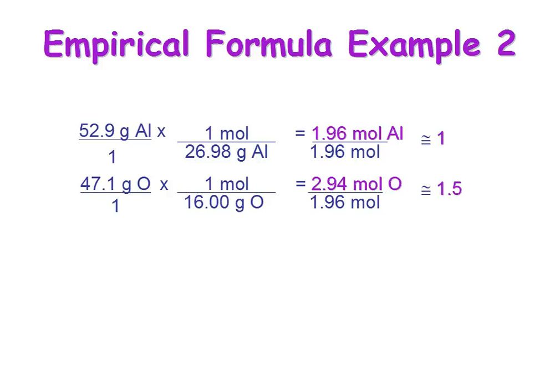Since we did not get a whole number for oxygen, if we rewrite 1.5 as a fraction, it would be 1 1/2. So we're going to multiply both the mole ratios of aluminum and oxygen by 2. That gives me a 2 to 3 ratio of aluminum to oxygen in my formula. And when I write the empirical formula, Al would have a little 2 after it, and O would have a little 3.